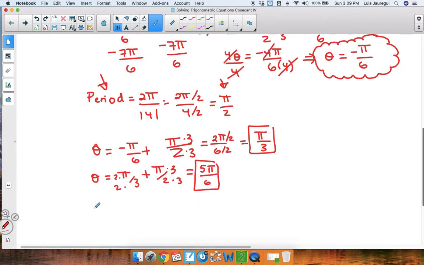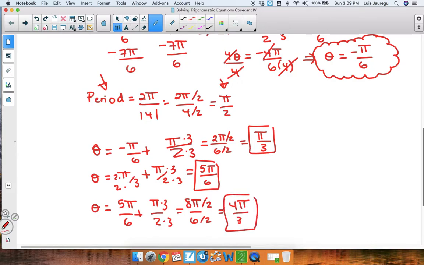Now to get the next value for theta, we take the angle of 5 pi over 6 and add the period of pi over 2. Once again, let's multiply this one by 3 over 3 so we can get the common denominator, and we have 5 pi plus 3 pi becomes 8 pi, all of it over 6. Let's divide both numerator and denominator by 2, and we get that this is 4 pi over 3. So that's your next angle.